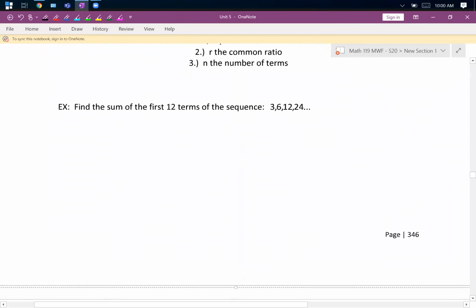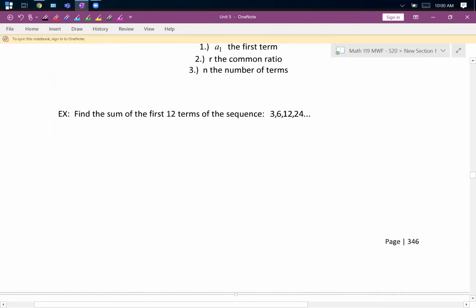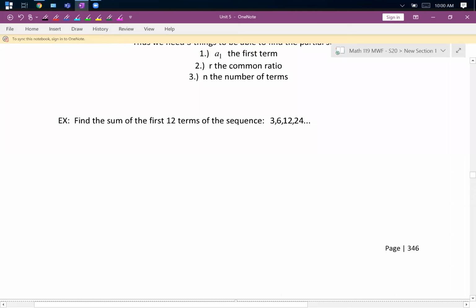So let's find the sum of the first 12 terms of the sequence 3, 6, 12, 24, and so on. So we need to get our 3 things. A sub 1, our first term, well, that's 3. Next, we need to know our r value, our common ratio. What's that going to be? 2.